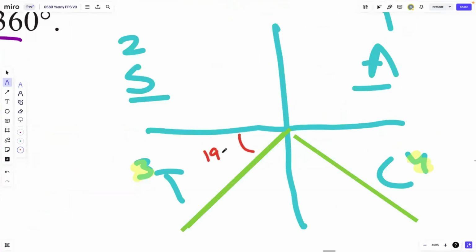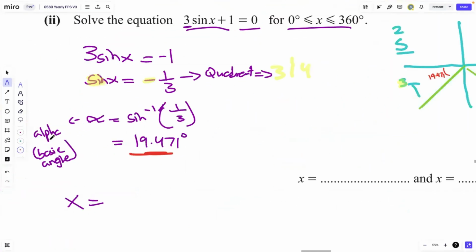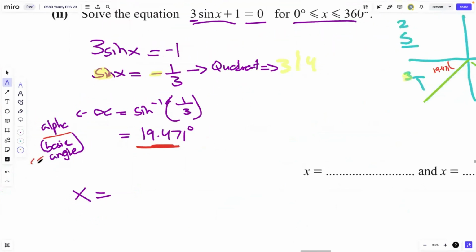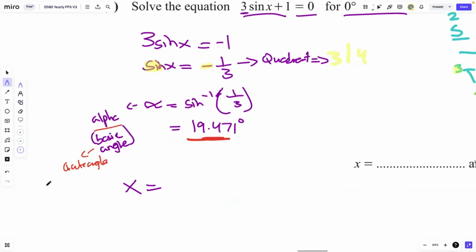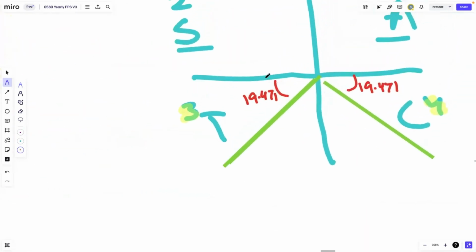So that's 19.471. And how exactly do we mark the alpha here? It's always the acute angle with the x-axis. So that's how I decide that this angle is going to be 19.47, because it's with the x-axis. This is my x-axis.